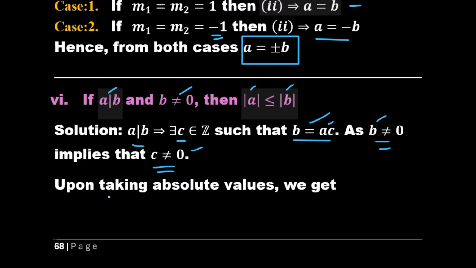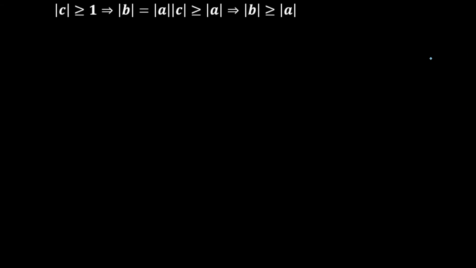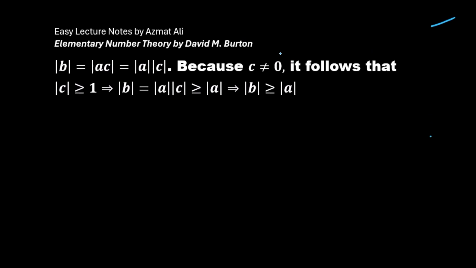Upon taking absolute value on both sides, we have absolute B is equal to absolute of A into C. This can be written as absolute A into absolute C, as C is non-zero. As C is a non-zero integer, for any non-zero integer its absolute value is always greater than or equal to 1.